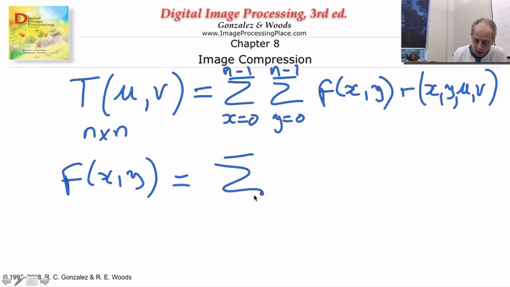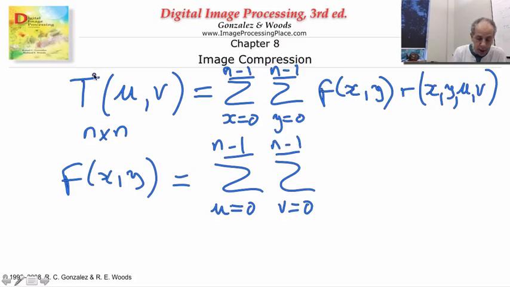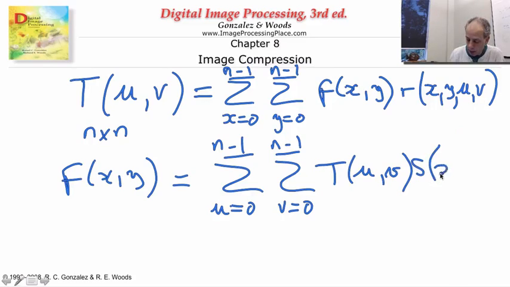It will be the sum from u equals 0 to n minus 1, the sum from v equals 0 to n minus 1 of now my transform coefficients, T(u,v), and then the inverse of the transform, which we are going to write, sometimes it's equal to R, sometimes it's not, S(x,y,u,v). So I take an image, I do this operation, I get a new image in a transform domain, and then I go and invert it.